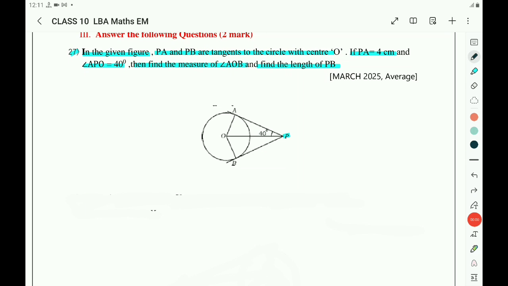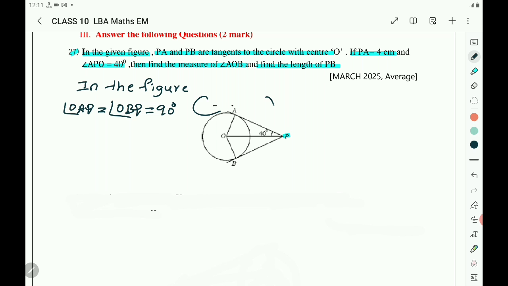So you write in the figure angle OAP equals angle OBP equals 90 degree. Angle OBP equals 90 degree.